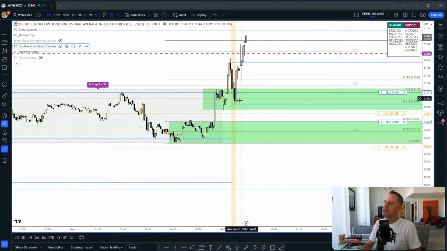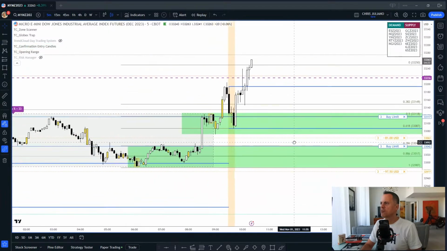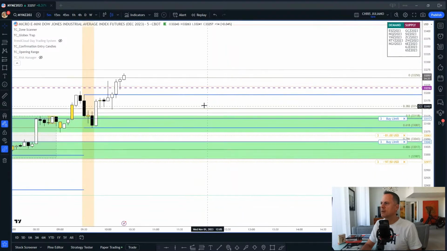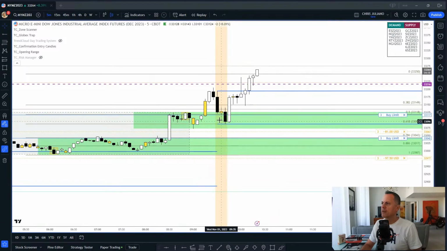As it's leaving, it pulls in 50% of the way. Zoom in on that. It pulls into the zone 50% of the way, there's your confirmation entry candle, and you take the trade just above it. Boom, it gets you in, and you're making money.